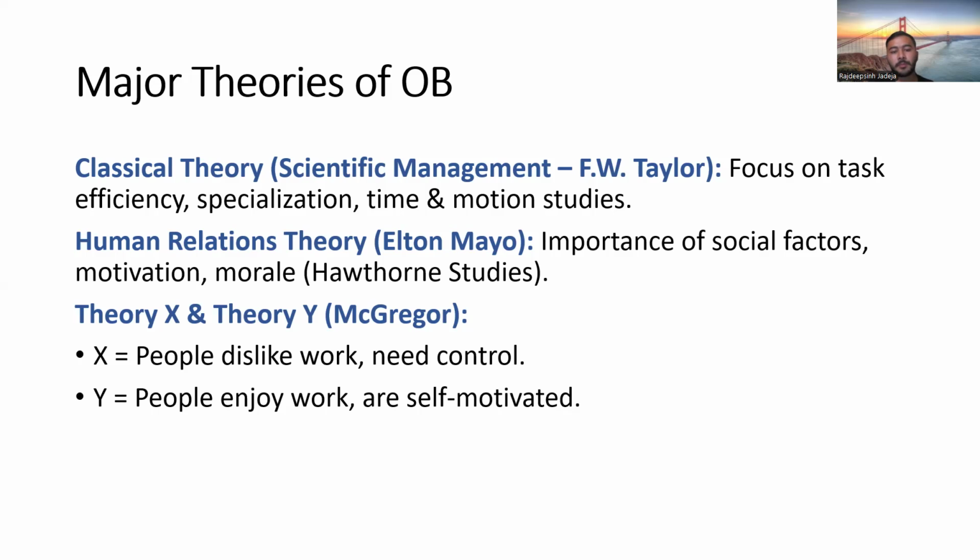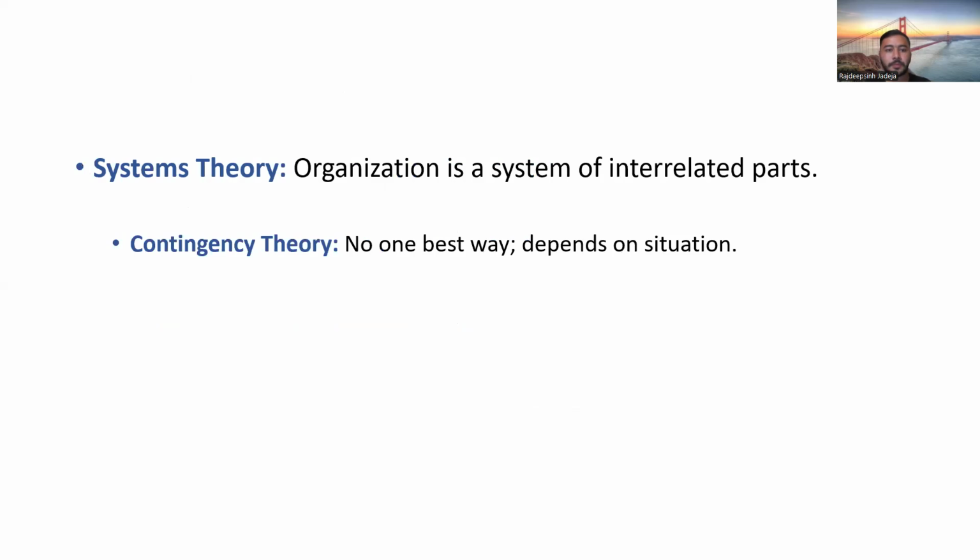X type of people dislike work and need control, and Y type of people enjoy work and are self-motivated. So these are the major theories in organizational behavior, and these are well-known management researchers: Frederick Winslow Taylor, the father of scientific management, gives the classical theory; Elton Mayo gives the human relations theory; and McGregor gives Theory X and Theory Y.